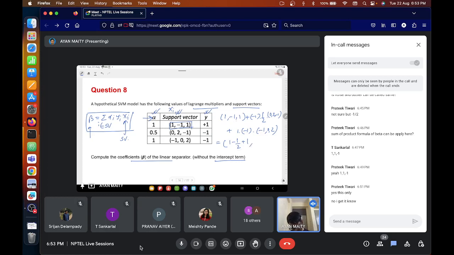And the second component would be minus 1 minus 1, 0. The third component would be 1 plus half minus 2.